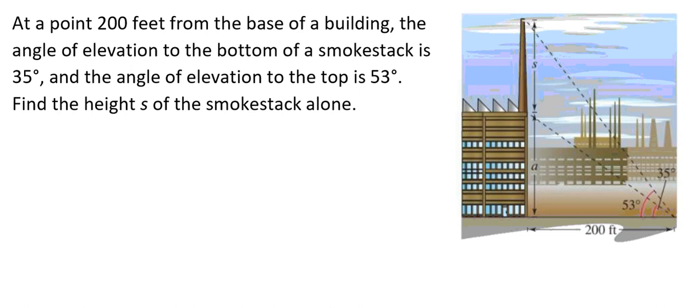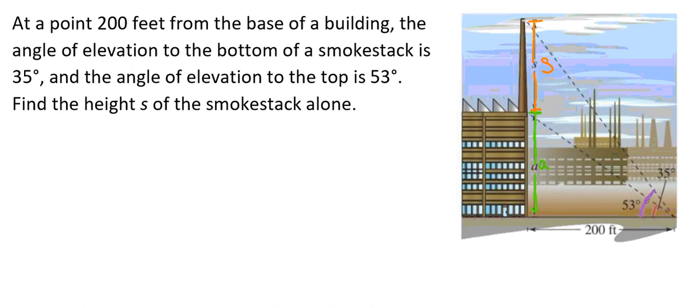So in this problem, we're going to see a couple different pieces. Here we have an A value. So that's our A value. And we have our smokestack, which is our S. We see a couple different angles.